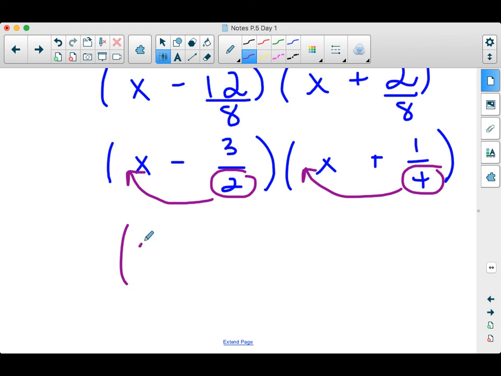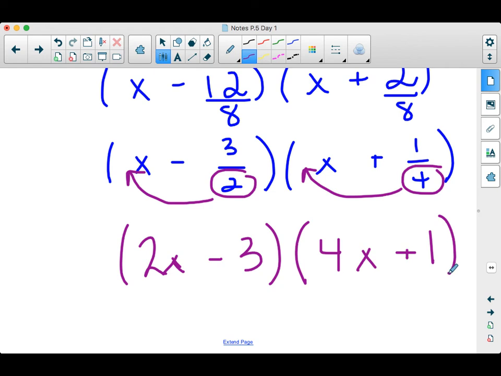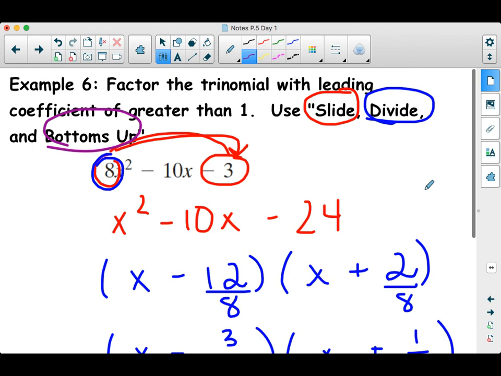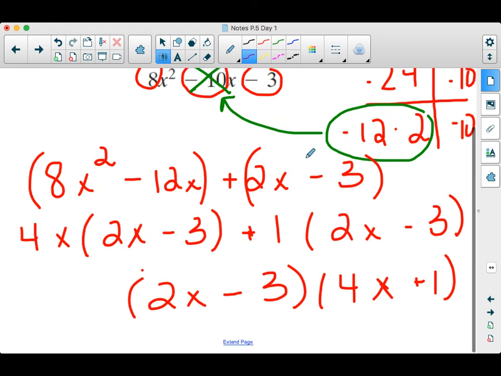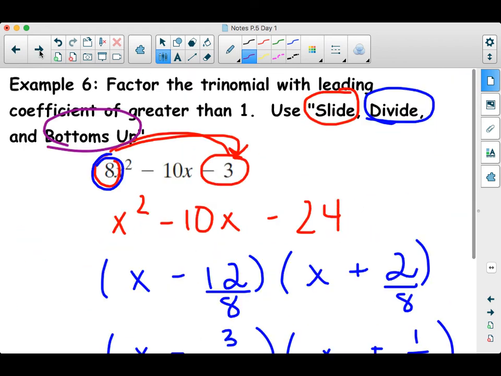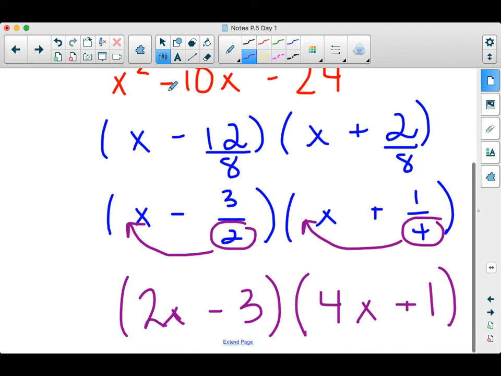So now we're left with 2x minus 3 and 4x plus 1. This is the same answer we got in that previous problem doing the AC method. It's up to you if you like the AC method or you like the slide, divide, and bottoms up.